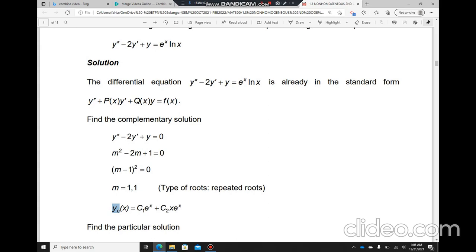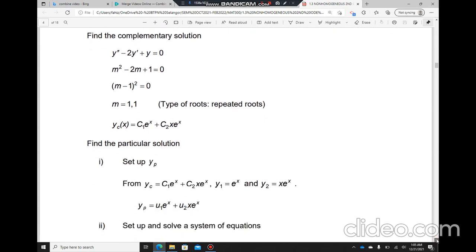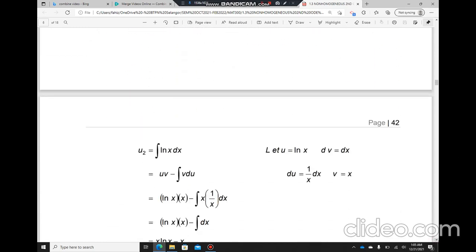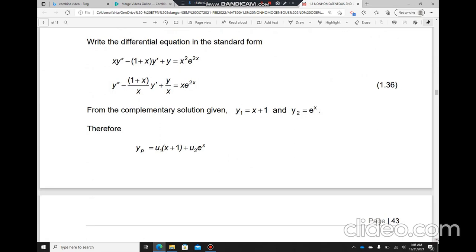Yang ni tak ada masalah sebab dia kat depan ni adalah constant coefficient. So kalau yang dia diberi variable coefficient, dia memang akan bagi nilai. Okay, so next.